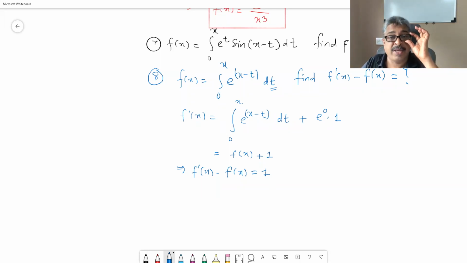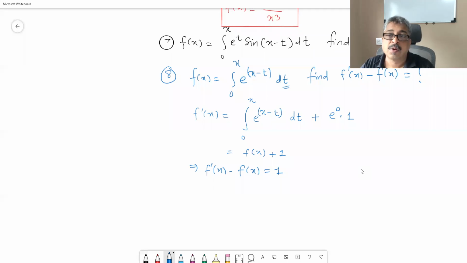Now in problem number 7, I think there is a little caution that we have to take. Because whenever this x minus t becomes 0, we might be in a little trouble. We will try to find out when we are allowed to do this, or what is the bypass for that.